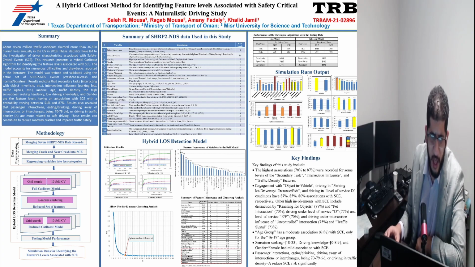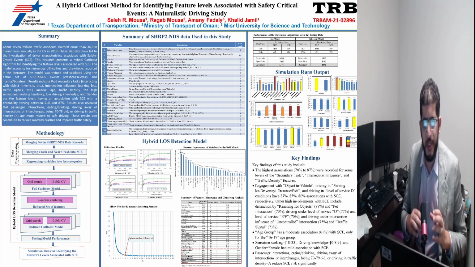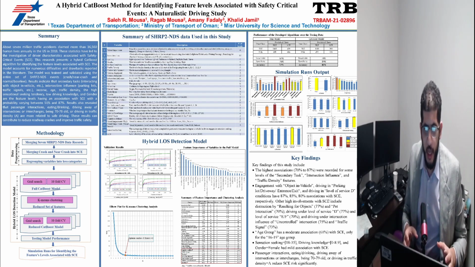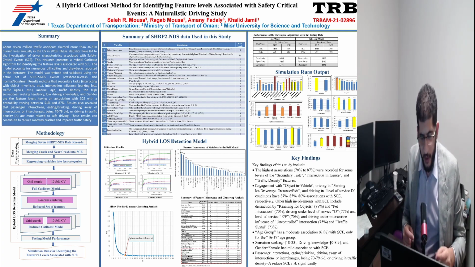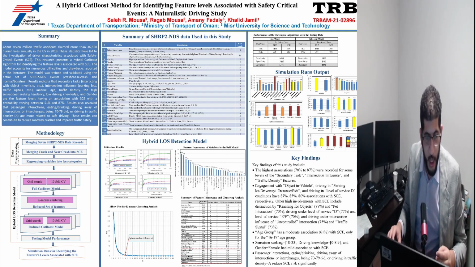And just for having a baseline performance, we tested the model against a simple decision tree algorithm, which was also developed using grid search and tenfold cross-validation. And these were the final performance metrics.